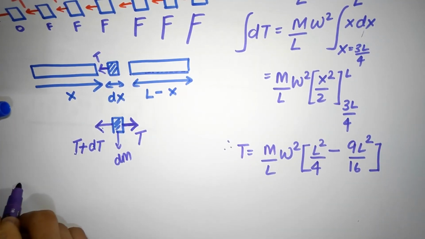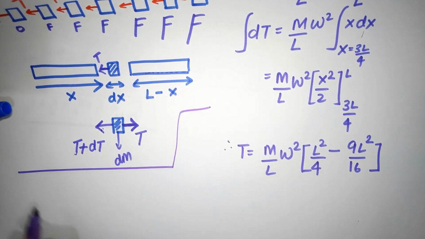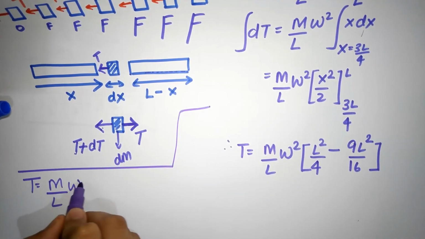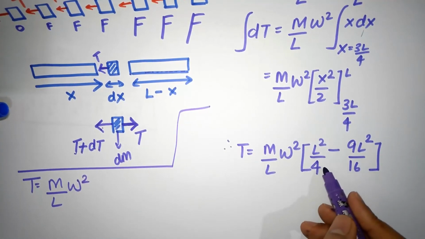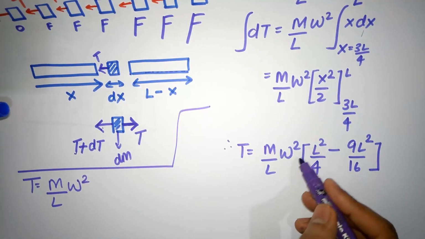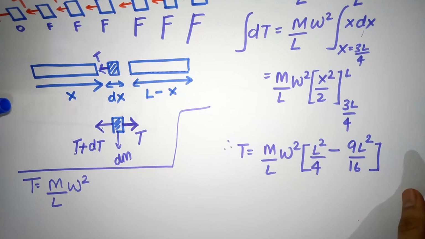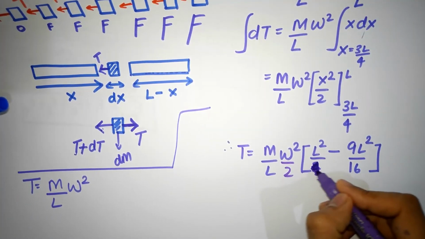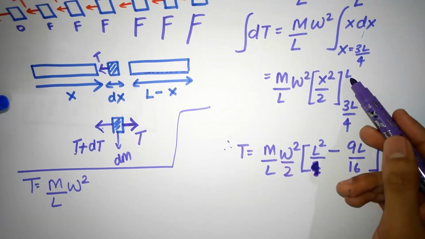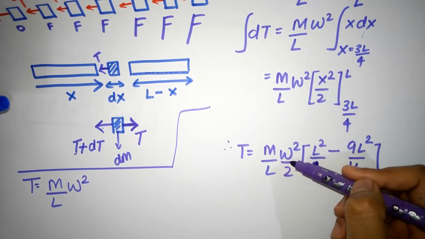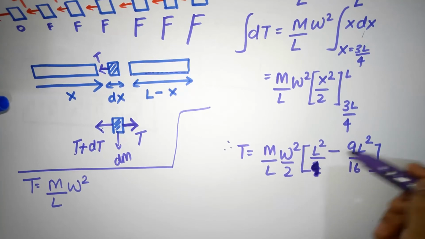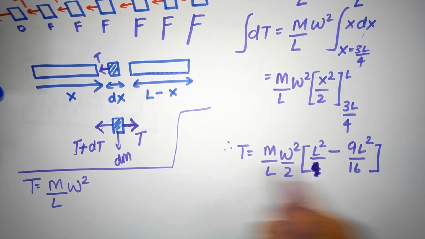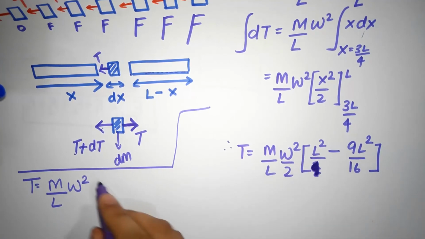Let me start from here. So T equals m by L omega squared. Let's see, I multiply by 4, and oh gosh, there's a 2 here and there is no 4 here. What did I do? I'm substituting L, right? So I'm going to pull that 2 out, and L squared minus 9L squared by 16. Sorry about that. So I can't get a negative answer. That's what I was thinking.